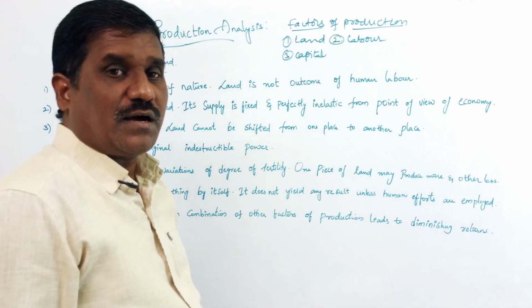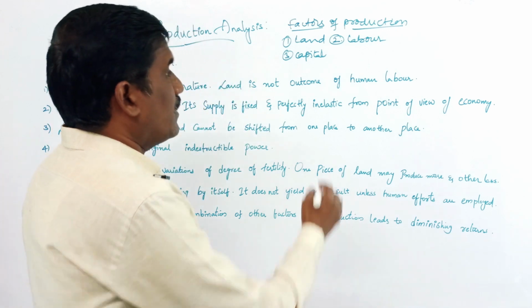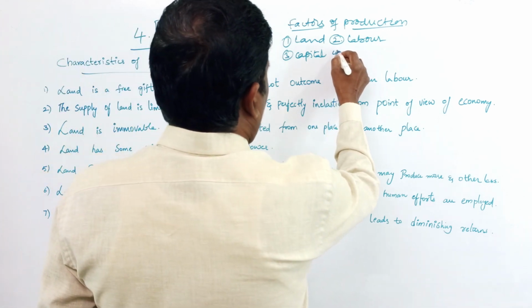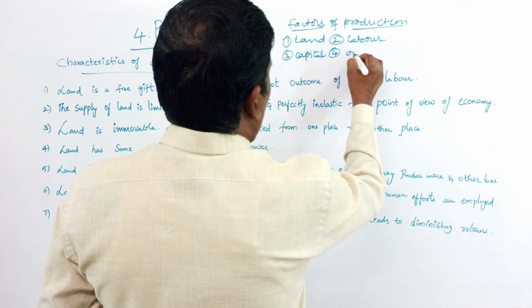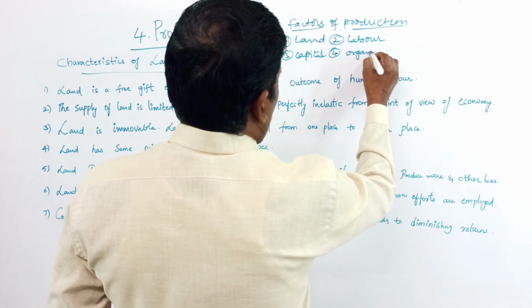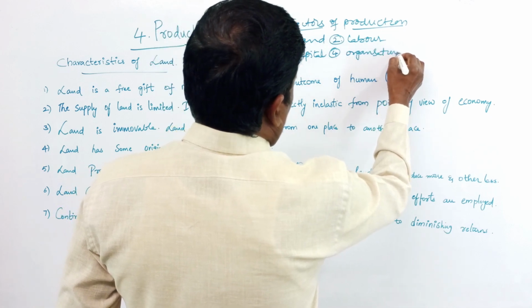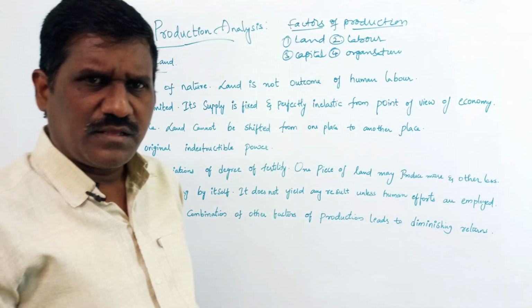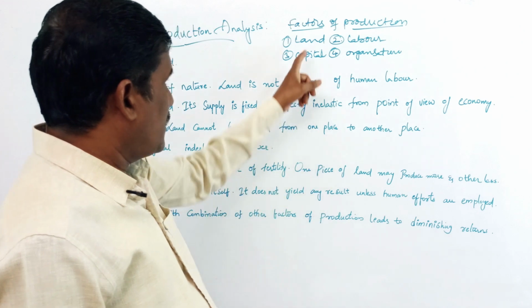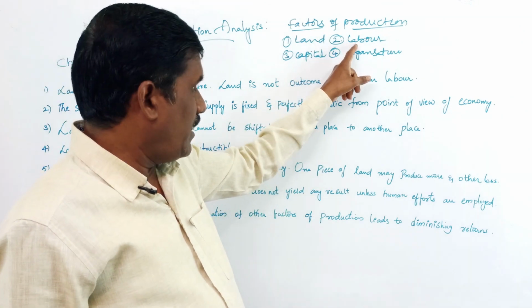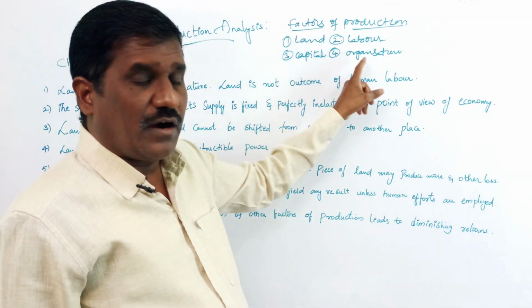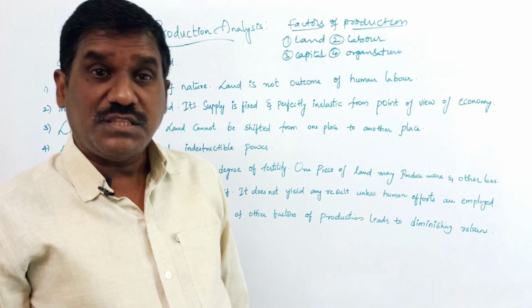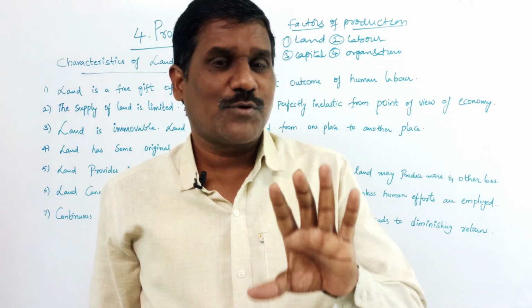This is also one of the factors of production. And fourth is organization. How many are there? Four. Land, labor, capital and organization. These four are called factors of production.